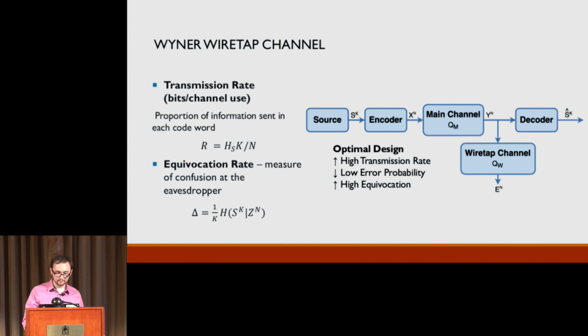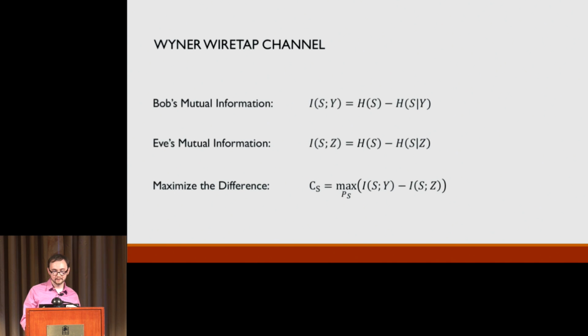So what is equivocation? It's just a measure of confusion at the eavesdropper. And if we go back to examining the mutual information of the intended receiver and the eavesdropper, we find that equivocation is just the second term in that mutual information that you use to minimize the mutual information given to Eve.